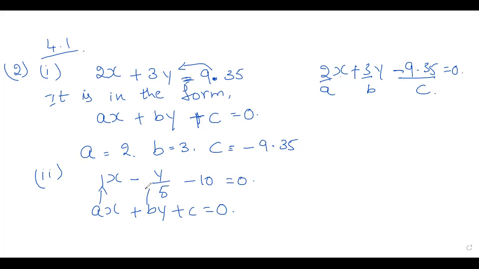What about b? In place of y, whatever coefficient is there, that is what we write. You are writing the coefficient, children. So c is minus 10. A is equal to 1. B is equal to, for example, it is minus y by 5. How can you write this? Minus 1 by 5 y, right?